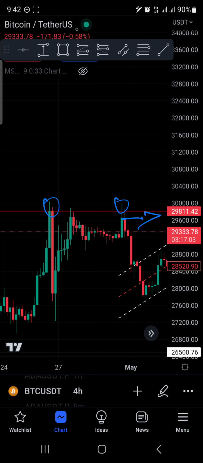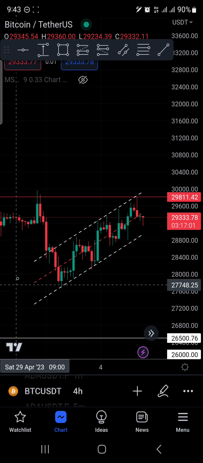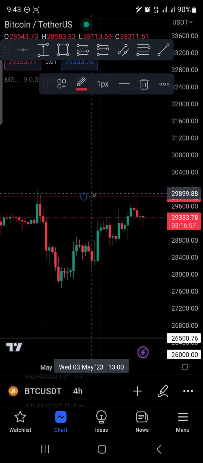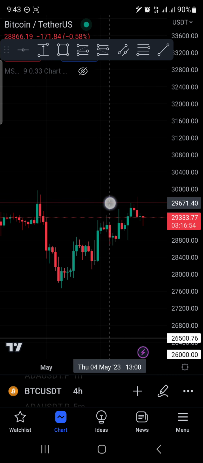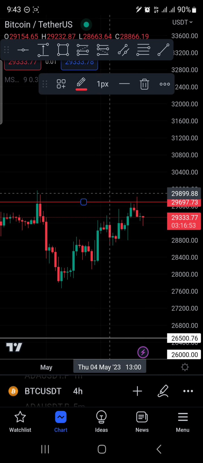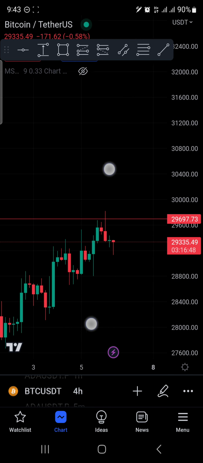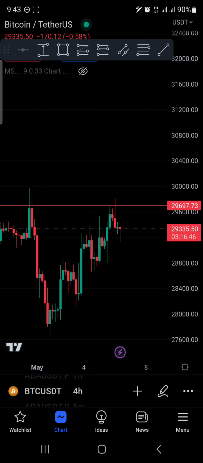So let's come here and remove this. I will drag this down a bit. The candle closed here. If I have to wait for the candle to form, that's from here to here, then here you can see there's a downtrend all the way.